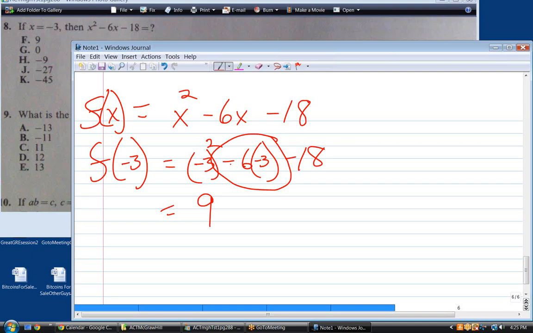And it's a negative times a negative, so it's positive 18. Okay. And then finally you have the minus 18. So what's that whole thing worth? Nine. Okay. That's the answer.